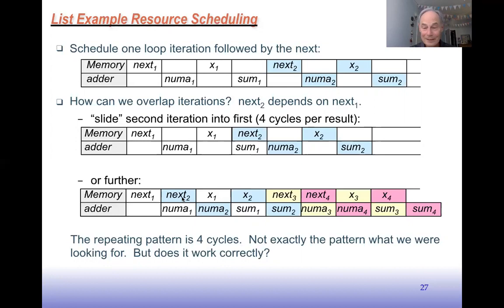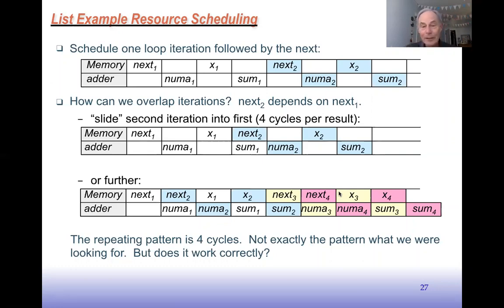It's a little more complicated for the controller, because basically what we have is two iterations, two nexts, two x's. That's not exactly the simplest thing we could come up with, but it would work correctly.